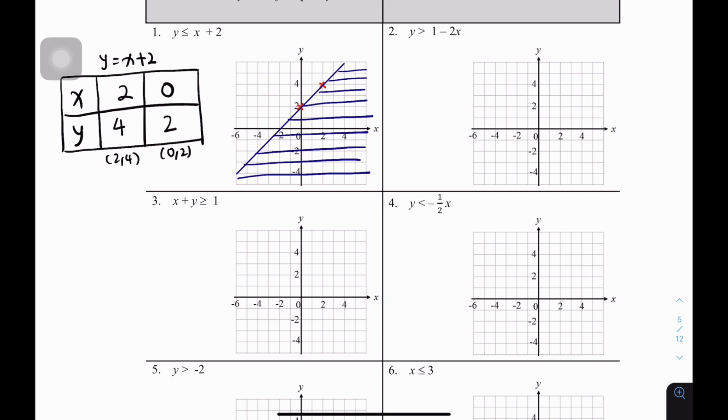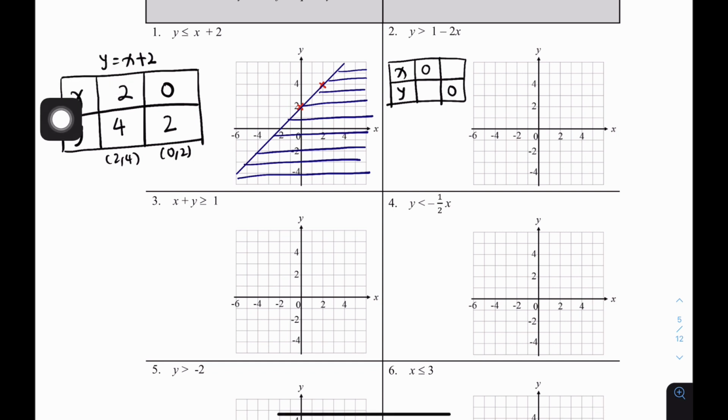Okay, so next number, I'm going to show you number 2. Sama, kita kena buat table. Draw a table, just a small one. So x, y, for example 0, 0. Next method.